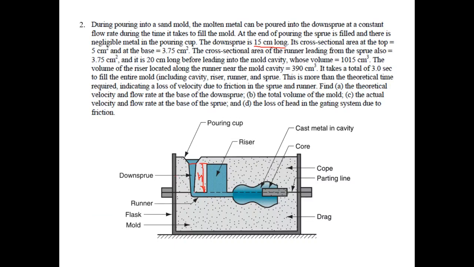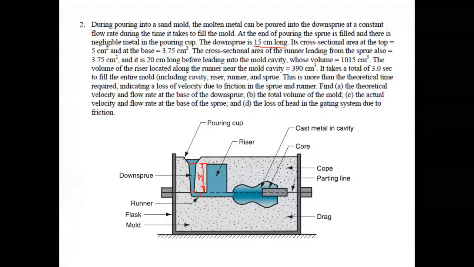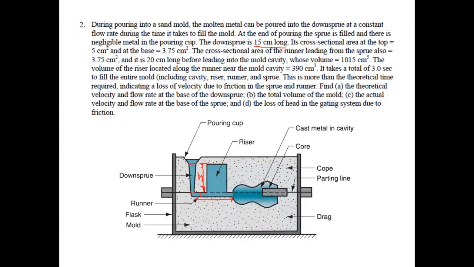And at the base, right here, 3.75. The cross-sectional area of the runner leading to the sprue is also 3.75. So the cross-sectional area of here is equal to that one, again 3.75. And the length of the runner is also given to be equal to 20. From here to here, it is 20 centimeters.